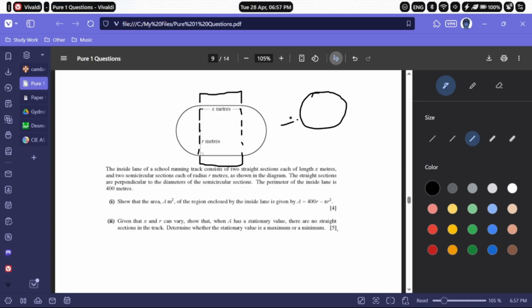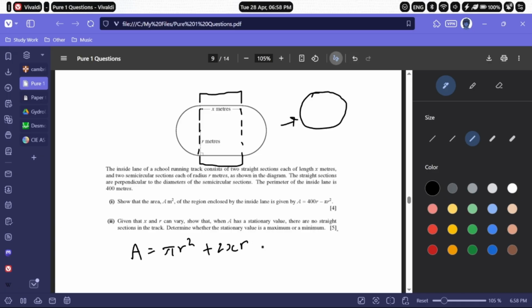Like I said, you can think about this as two semicircles that you're adding up. So area would just be equal to pi r square, right? And that plus 2r times x. So plus 2xr.